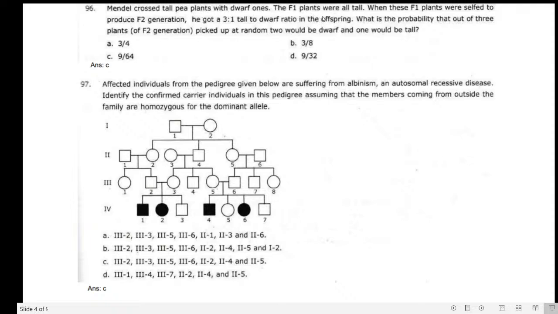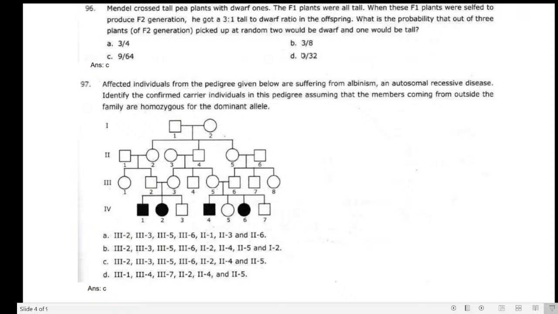The F1 plants are selfed. Selfed means they are not cross-fertilized; they are directly produced. So in that F2 generation he got a 3 tall to 1 dwarf ratio in the offspring.